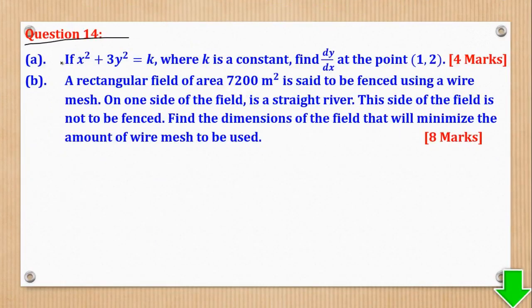Then question 14, part A says, if this is equal to K, where K is a constant, find dy/dx at the point that. So that is an equation we have to differentiate.